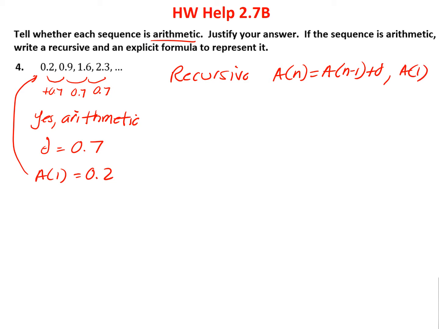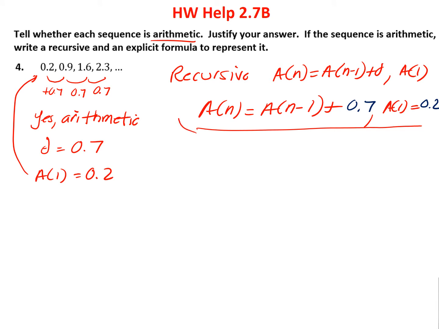So my answer is going to be a_n equals a_(n-1) plus my d, which is 0.7. I also want to state here, you need to say where it starts, so a_1 equals 0.2. And that's our recursive formula.